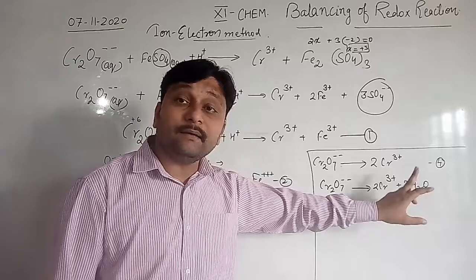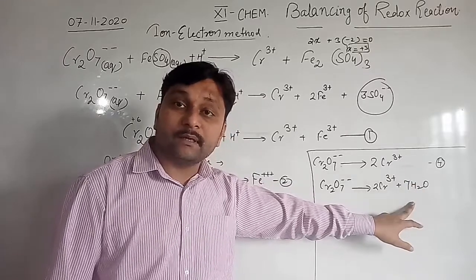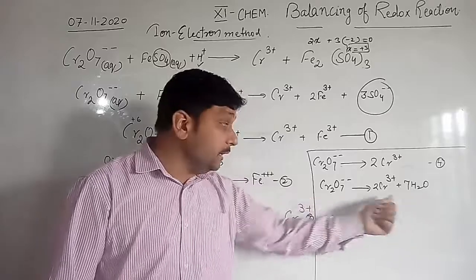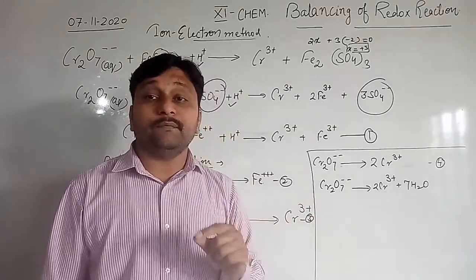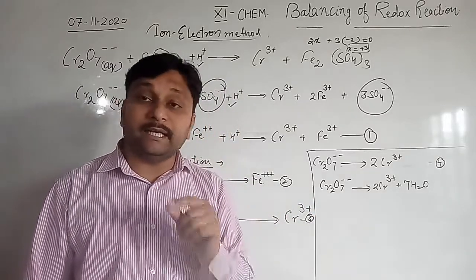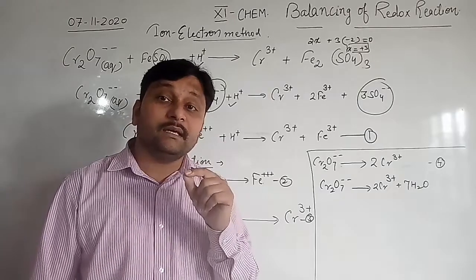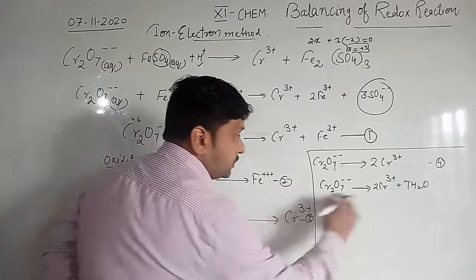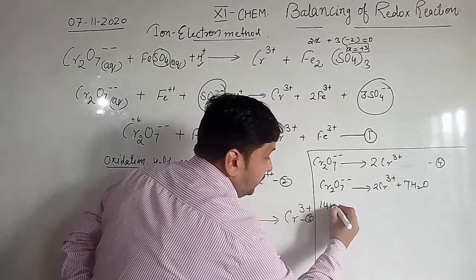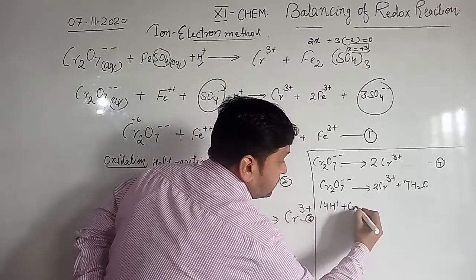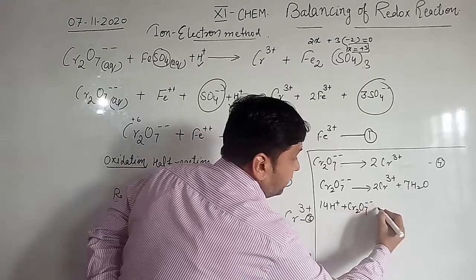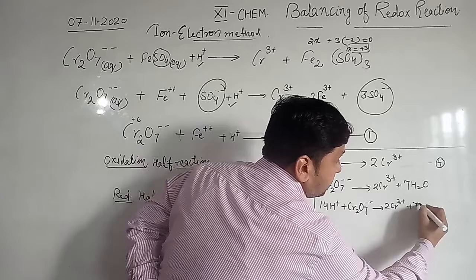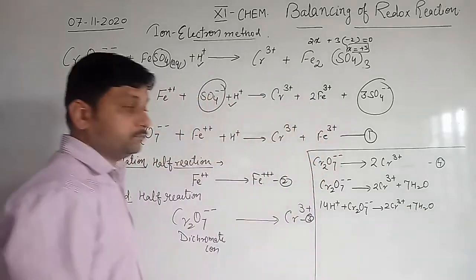To balance the hydrogen, on the opposite side we add hydrogen equal to the product side. So 14 H+ plus Cr2O7 2- arrow 2Cr3+ plus 7 H2O.